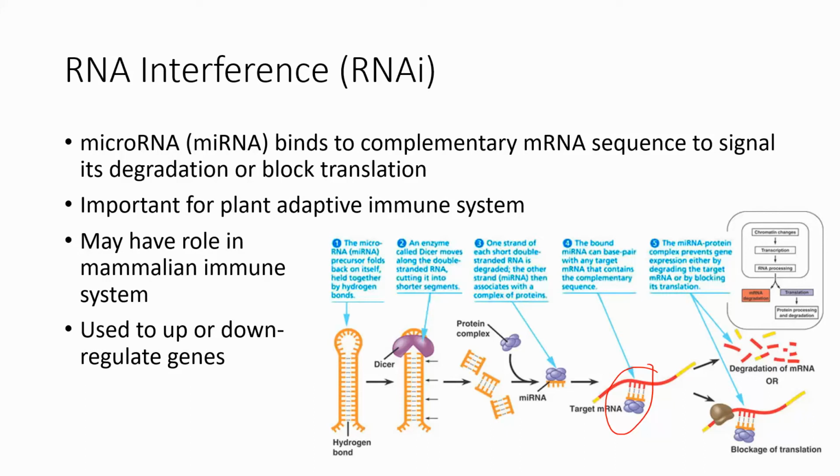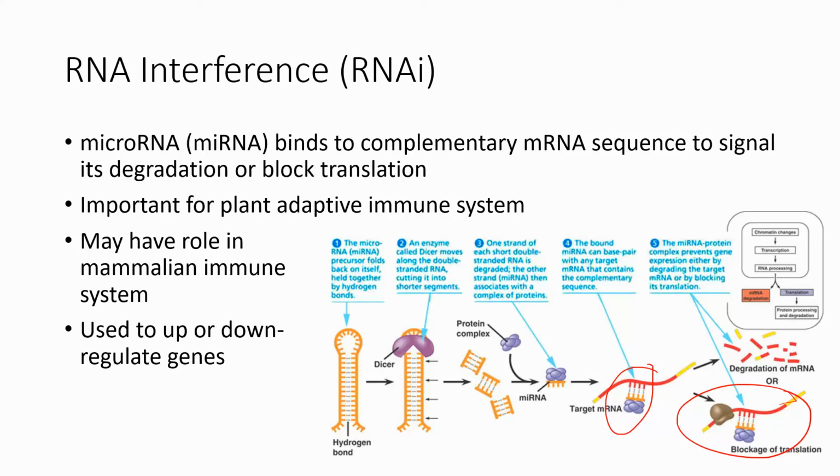So that's something that can be used to, let's say you've got a gene that you only want to translate for a short period of time. You could start producing an miRNA, a microRNA, very soon after you make the mRNA, and as soon as it binds, it can turn off production of that protein.